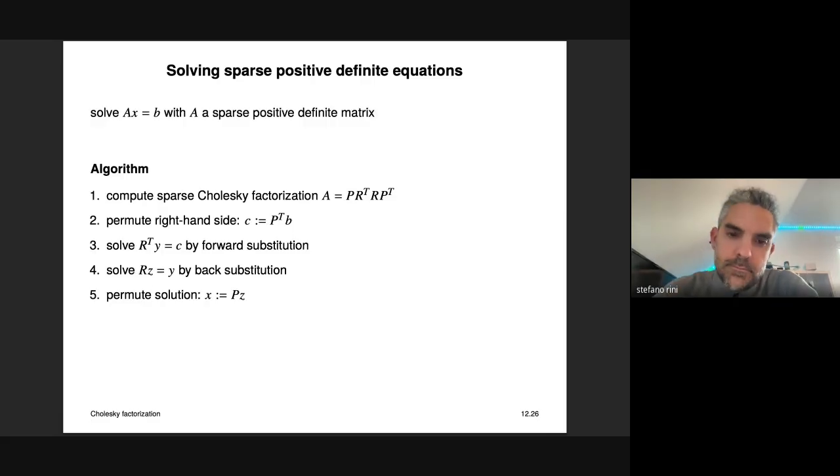So we permute the right-hand side with a P transpose, reordering the elements accordingly on both the left and the right-hand side of the equation. Then we solve R transpose y equal to c by forward substitution, and then we do back substitution, solving Rz equal to y, and then we depermute the solution by saying that x is equal to P transpose z.